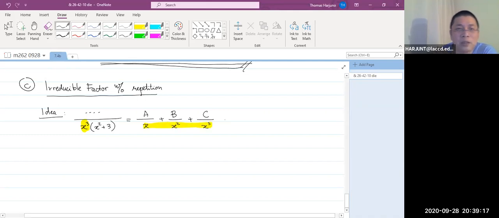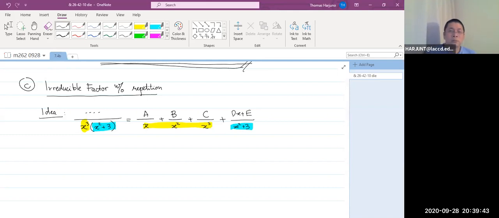Now plus something over x squared plus 3, which is not factorable. Now because that's degree 2, then on the top it should be degree 1.